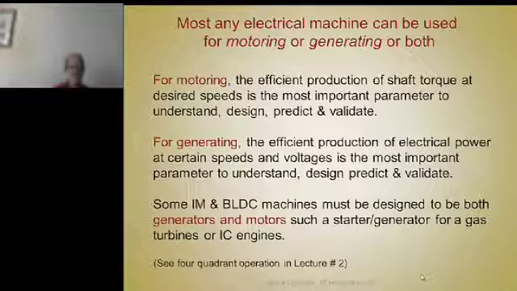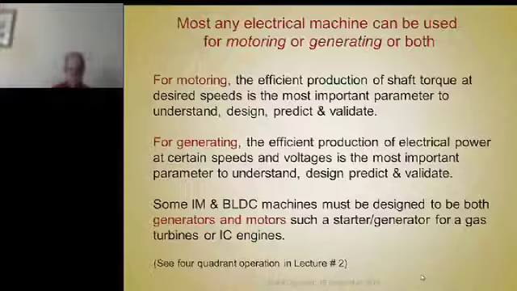Now some machines, particularly brushless, permanent magnet and some induction machines, are used as both generators and motors. For example, a starter generator for a jet engine. It has to act as a motor when it's cranking the engine to get it up to light-off speed before ignition and fuel is applied.